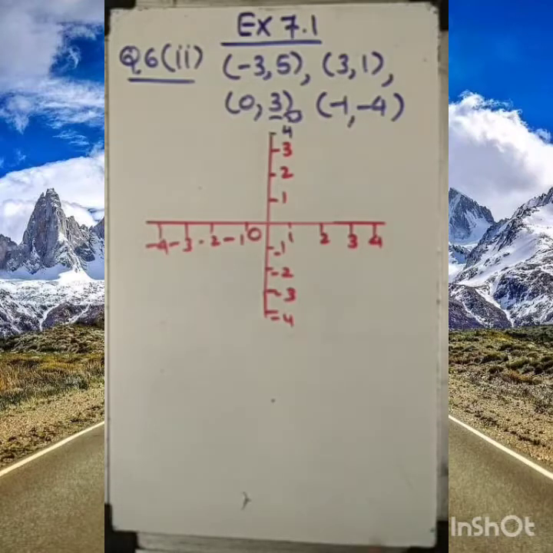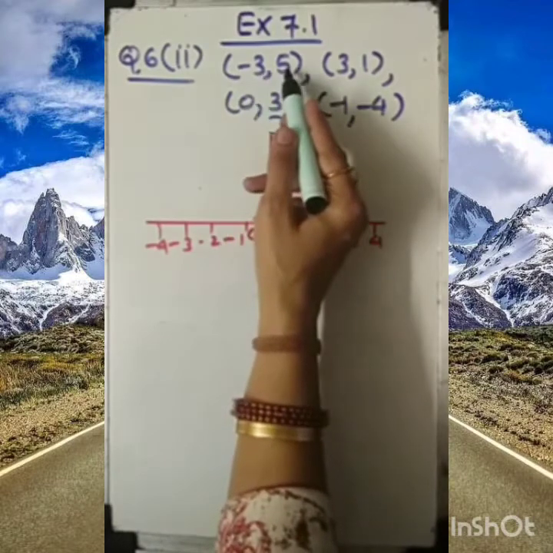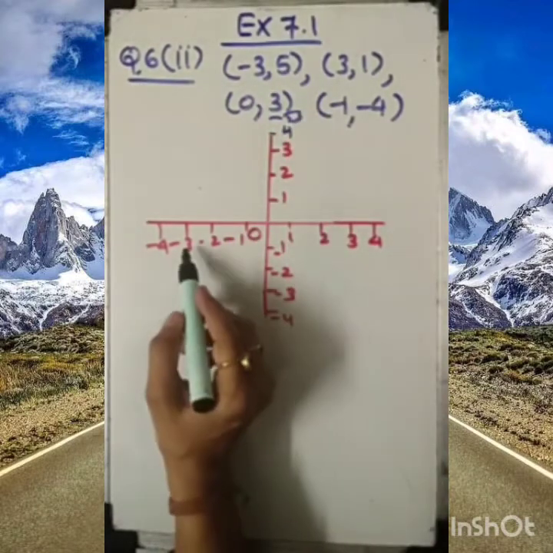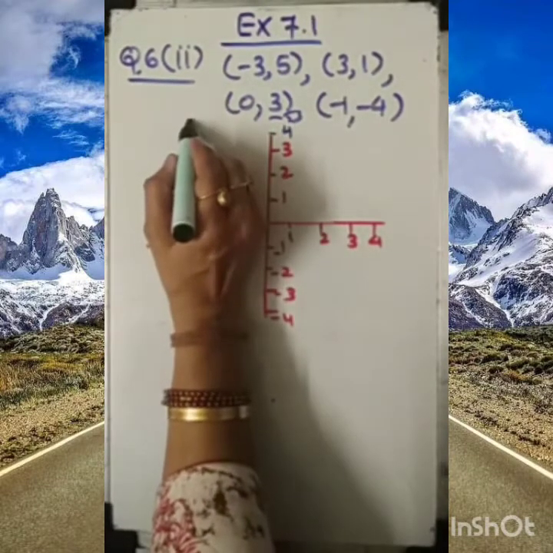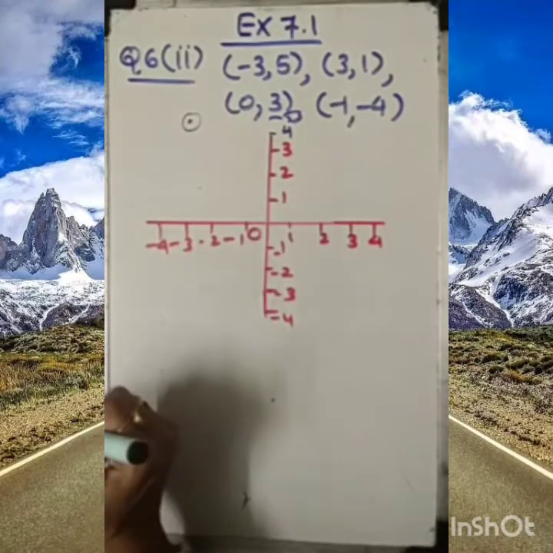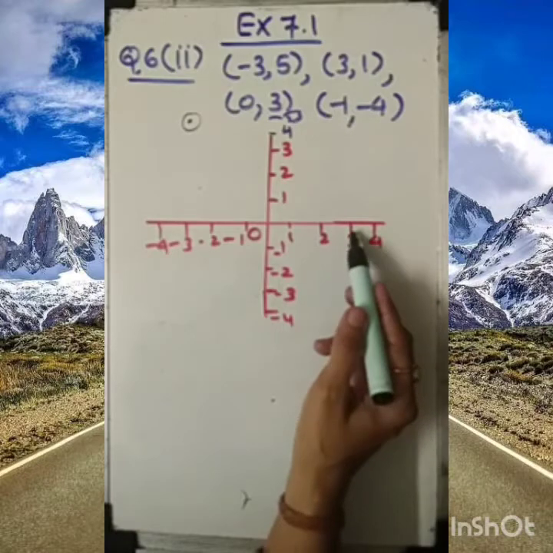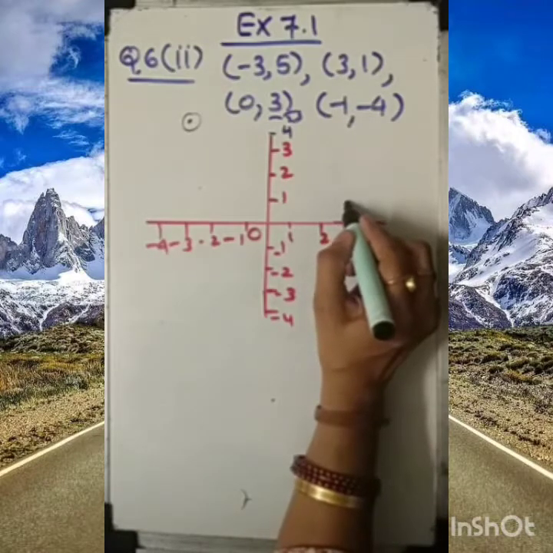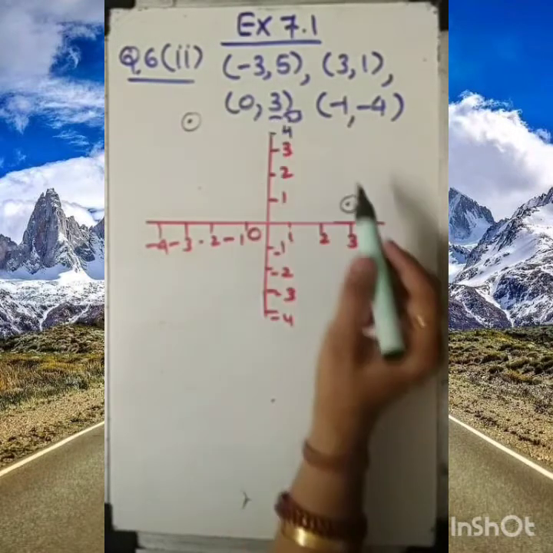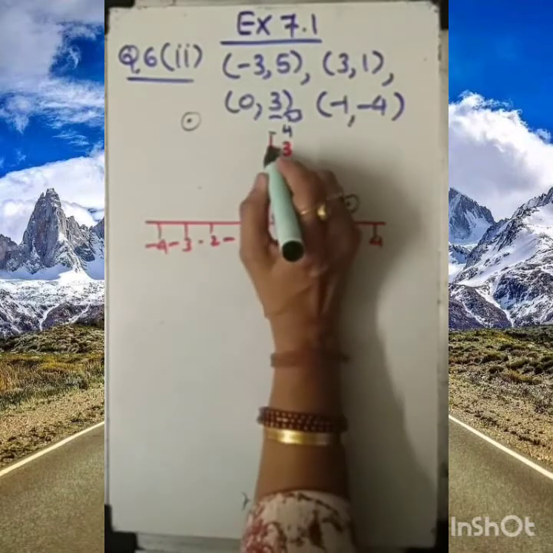How? Simple. Minus 3, 5: minus plus will lie in the second quadrant, somewhere here. 3, 1, of course, will be in the first quadrant, somewhere here. 0, 3 must be here somewhere.